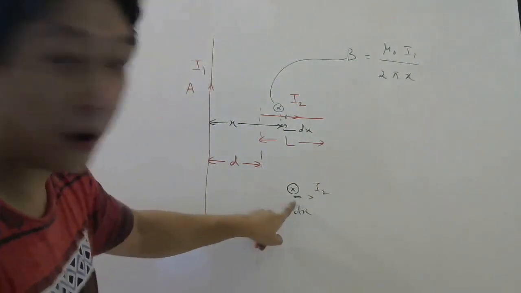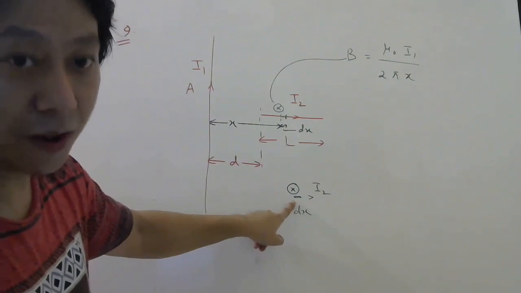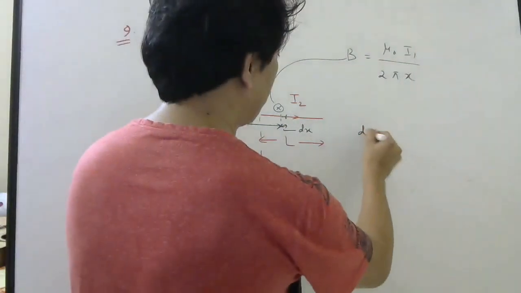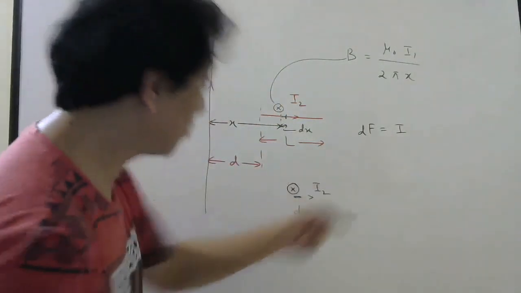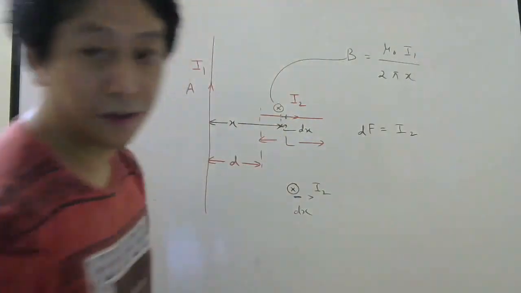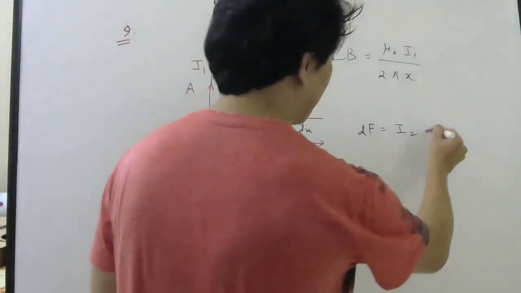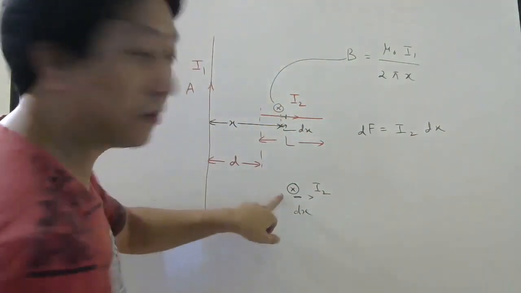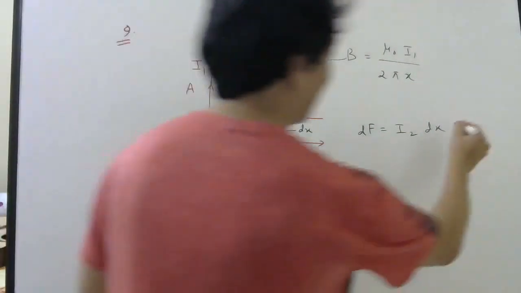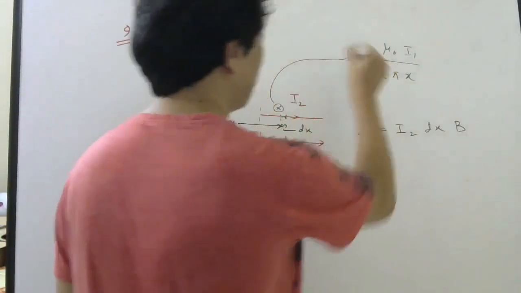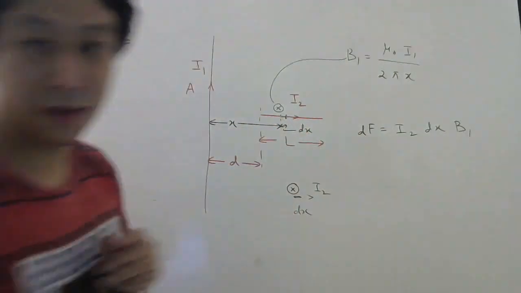So this small part can be considered a straight wire, so it will feel a force. What will be the force? dF equals the current in this wire, which is I2, times length dx, times whatever magnetic field it is experiencing, which is produced by this wire. You can add B1 if you want. Understood or not?